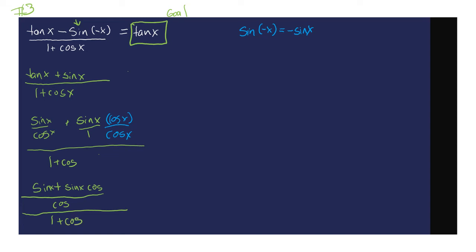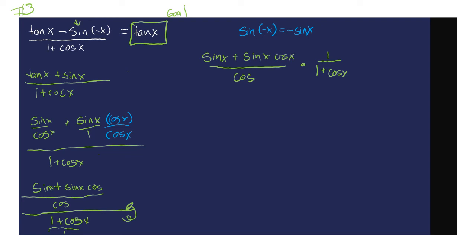And this helps me out because then I can do the keep, change, flip, and I can have sine x plus sine x cosine x all over cosine, which is my numerator, and multiply it by the reciprocal of the denominator, which is 1 over 1 plus cosine x.